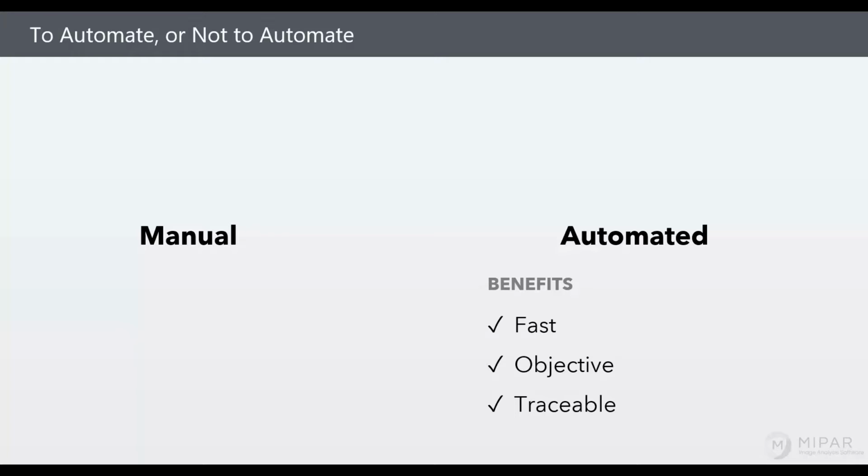And to boot, our results tend to be much more traceable and auditable and defendable over time. But if these three requirements aren't met in trying to develop an automated solution, it's going to be hard to realize those benefits.